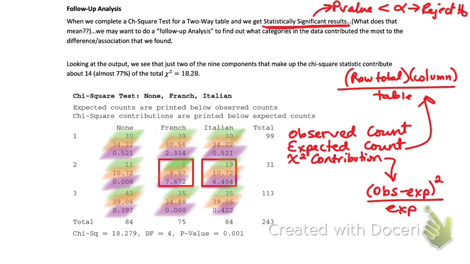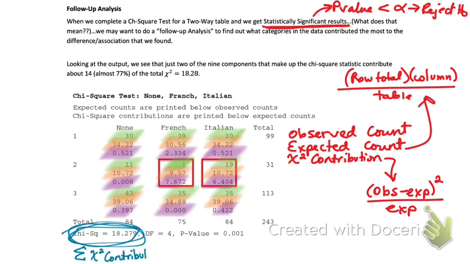So, very good. All right, down here along the bottom, we have the chi-squared test statistic. How could I get that chi-squared test statistic from this table, this chart that I have here? I could add all of the contributions. So this is the sum of the chi-squared contributions.